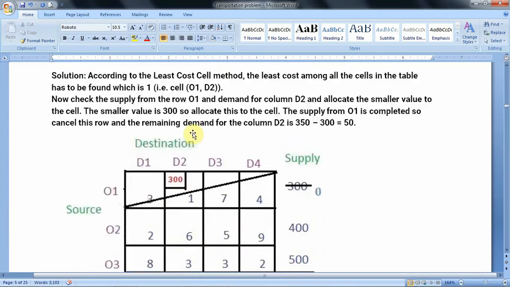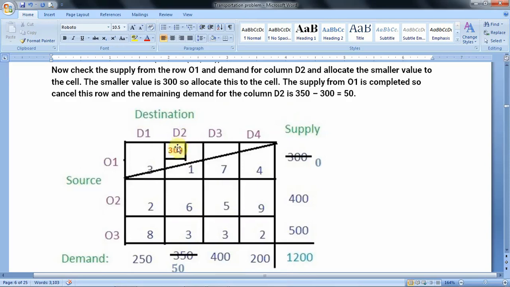In this table, in the first row, 300 units can be allotted to the O1D2 cell. So the first row is satisfied, so cancel that one or mark it with a crossed line. Next, in the D2 column, 300 units are over, the remaining are 50 units.